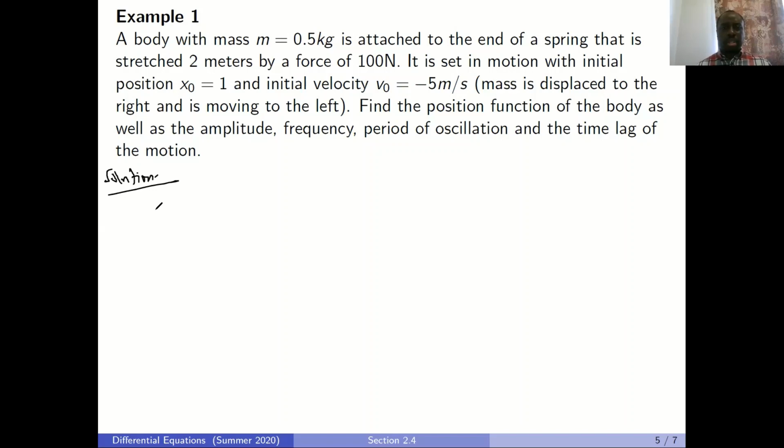It is set in motion with initial position x0 equals 1. So we have some information about initial position and initial velocity of -5 meters per second. We also know that the mass of the object is 0.5 kg.